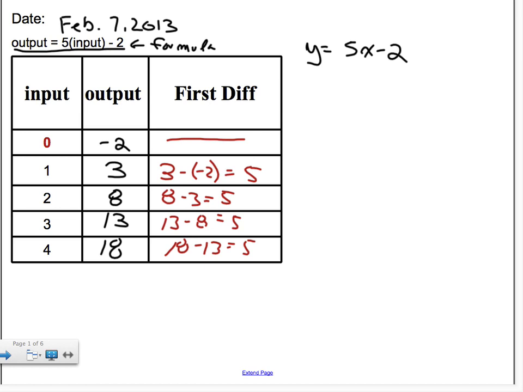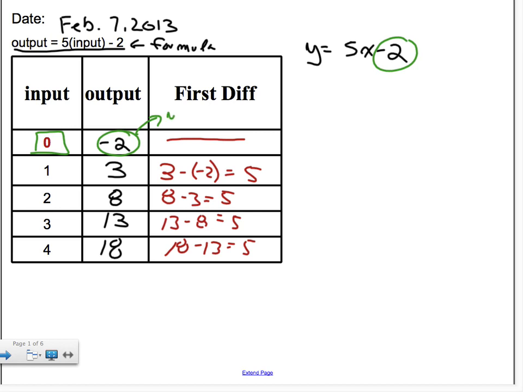Abby? The output when the input's 0 is like the end of the equation. So you see that you got negative 2? Yeah. Right? So when x is 0, we have an output of negative 2, and you saw that this was the same as this. Good. And what special name did we give this?